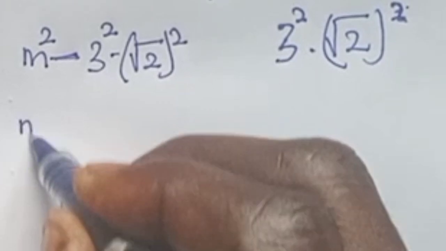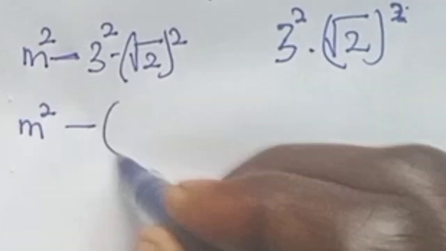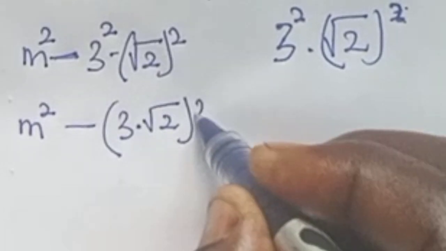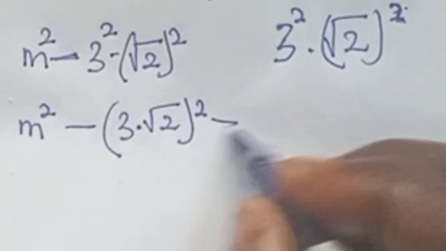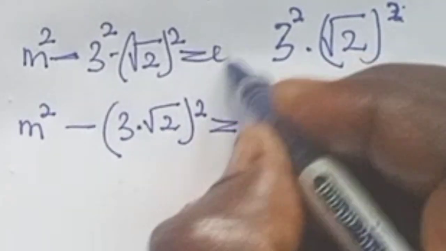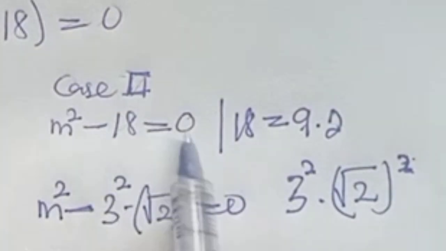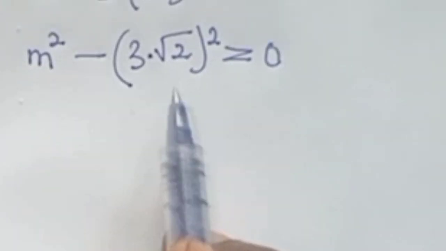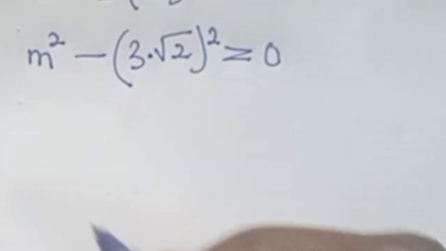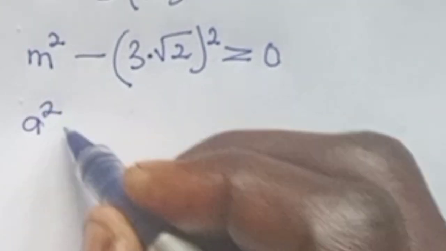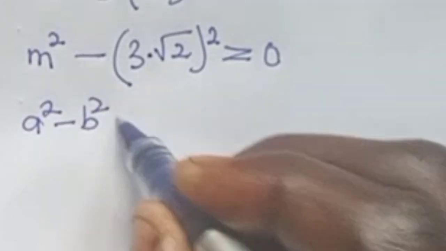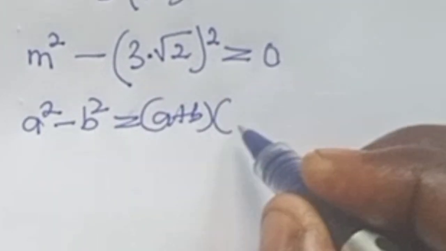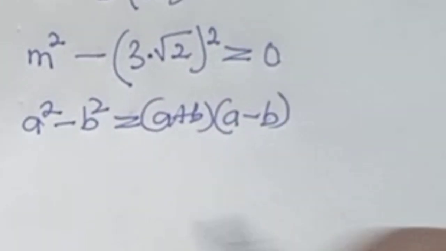And this can be written as m to the power of 2 minus, open a bracket, 3 times square root of 2, all to the power of 2. Remember, it's equal to 0. And this is a typical case of difference of two squares, which is represented with an algebraic expression as a to the power of 2 minus b to the power of 2, and this is equivalent to a plus b times a minus b.